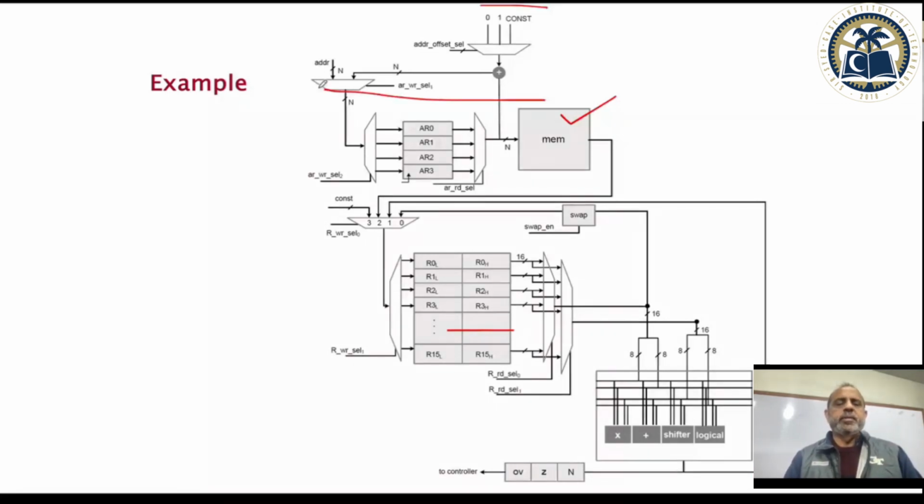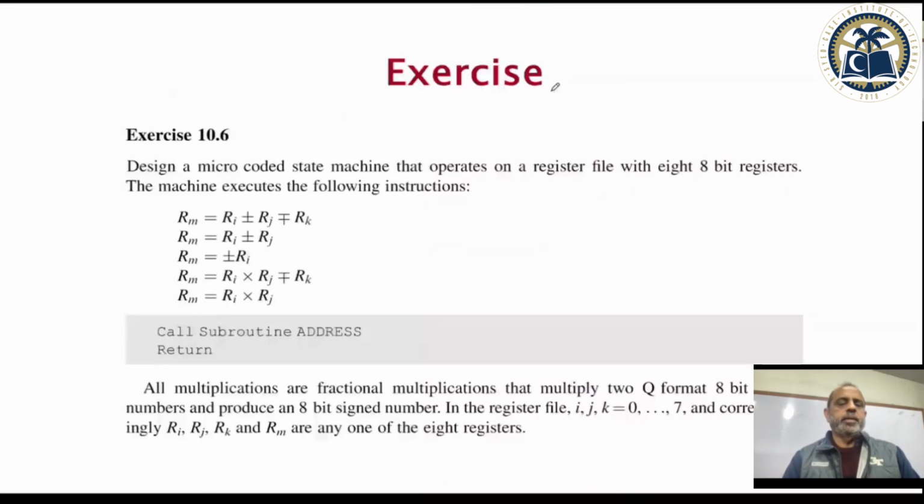I have been giving these questions in the exams, to have this support in your data path, and you may want call subroutine support, return from subroutine support, and for loop repeat support. It depends on how much you intend.